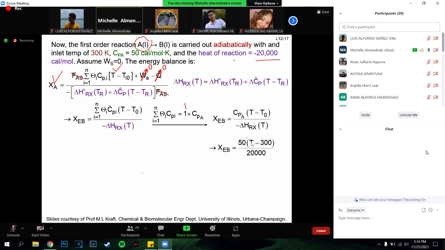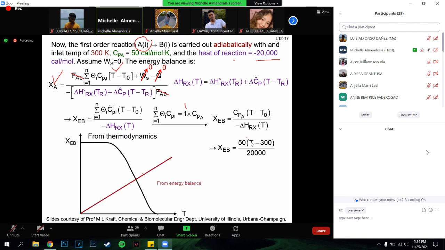All right, so XEB is the conversion that you obtain from defining your energy balance. That's why it's labeled as conversion obtained from energy balance for a CSTR. As you can see from the energy balance, the relationship of X and T is linear.